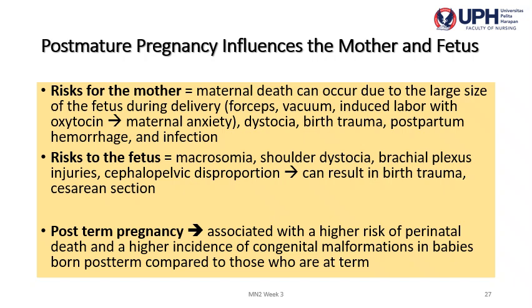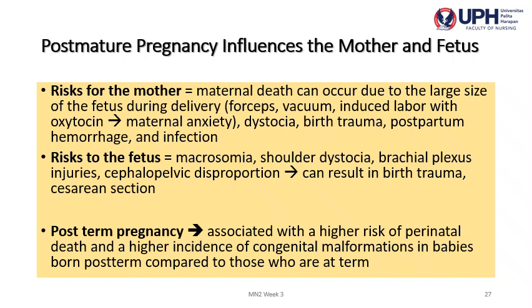In the mother, it could lead up to maternal death because of the large size of the baby that is being delivered, and also probably because of labor induced with oxytocin or medical device assisted delivery using forceps or vacuum. And this can also be because of increased maternal anxiety and dystocia. There's birth trauma or even postpartum hemorrhage and infection.